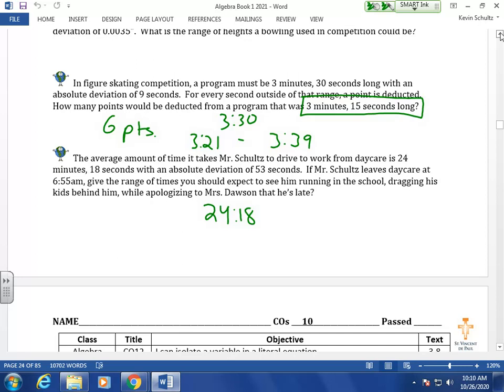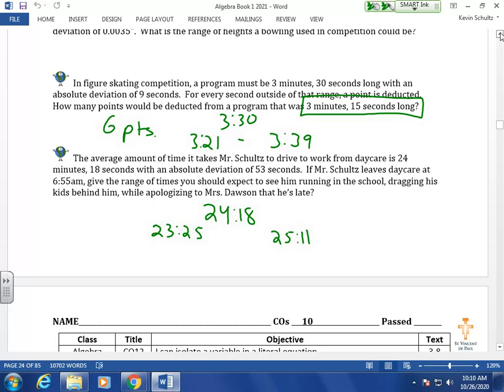So if you subtract 53 seconds, it would take me 23 minutes and 25 seconds to drive here. If you add 53 seconds, it takes 25 minutes and 11 seconds. So that's the range of time it's going to take me to drive from daycare to here, right? The shortest is 23:25. The longest is 25:11.